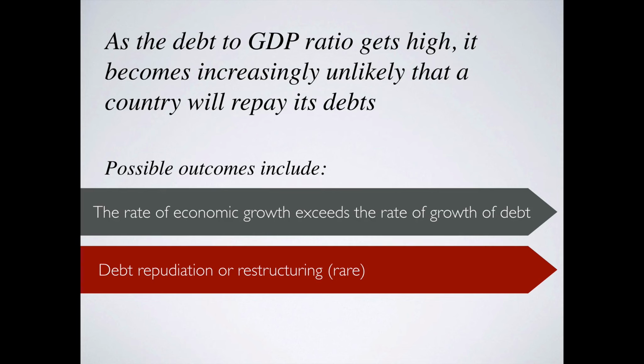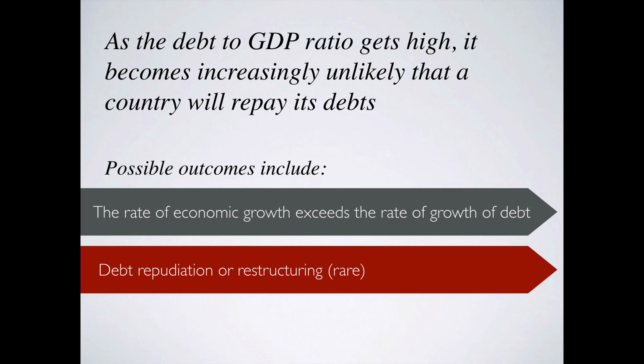In the 1970s, much of the developing world went into a kind of debt crisis where debt repudiation and restructuring became common. But it's rare otherwise, rare in the industrialized nations, and it's never happened in the United States. So that's a real question mark.